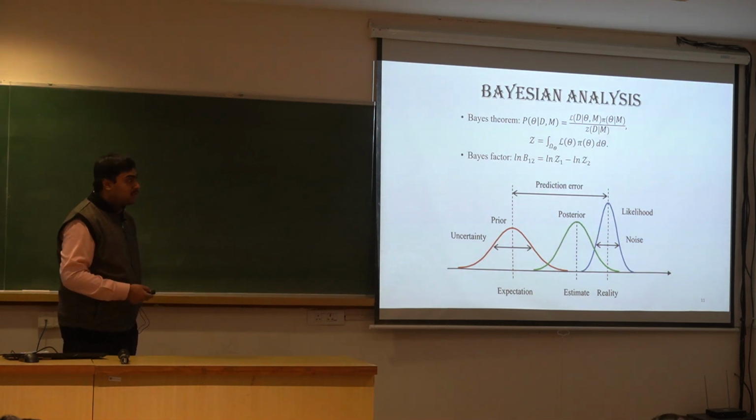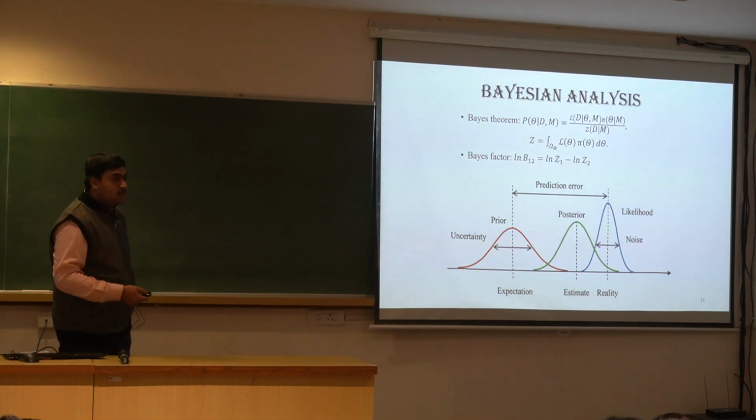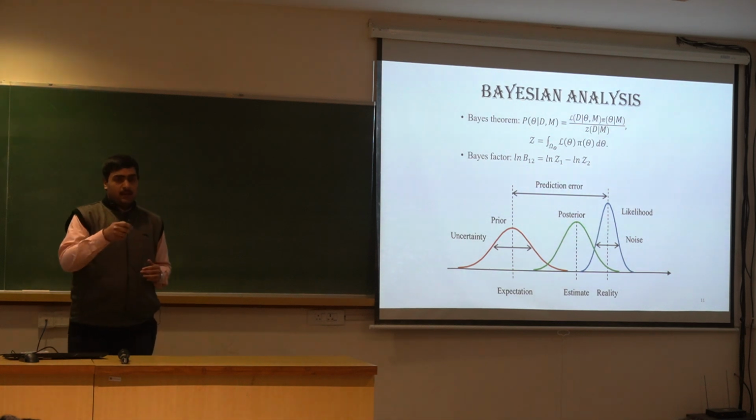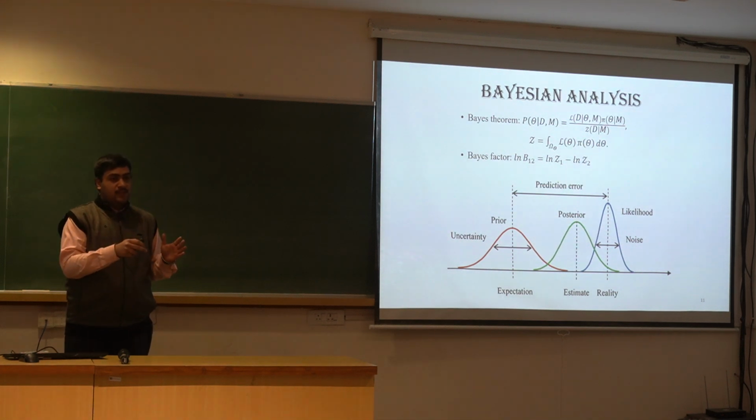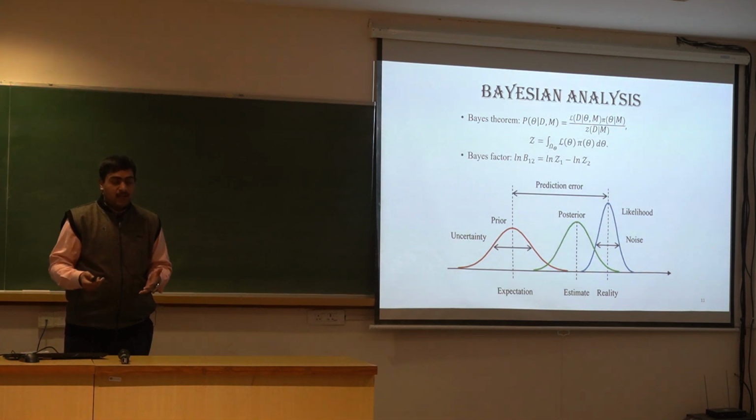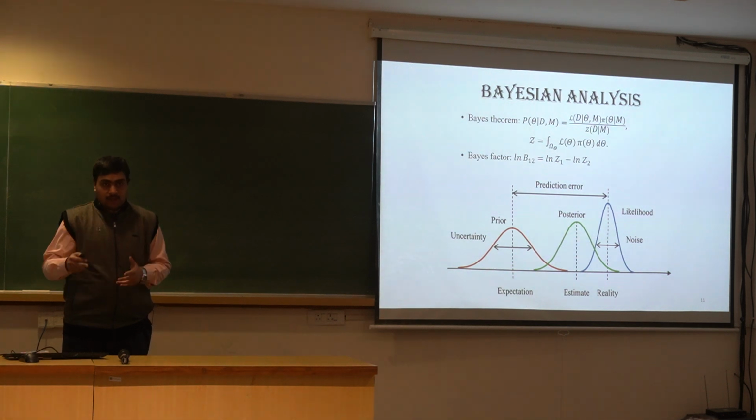A good exercise in Bayesian statistics would be this: in physics laboratories, you collect data points, right? And suppose that you are fitting a straight line. How do you know that a straight line is a good fit to your data and not some curve?